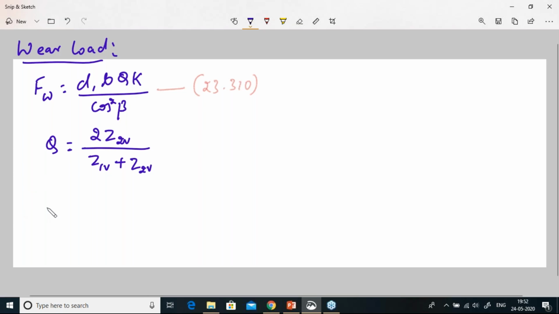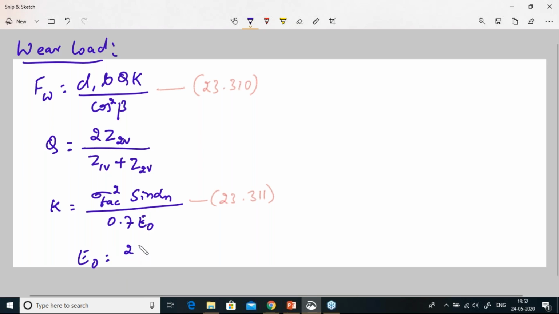So K is load stress factor, which is equals to sigma FAC square into sine alpha n divided by 0.7 times of E naught. So this equation number 23.311. So here alpha n is nothing but the normal pressure angle. E naught is equals to E1 E2 divided by E1 plus E2.